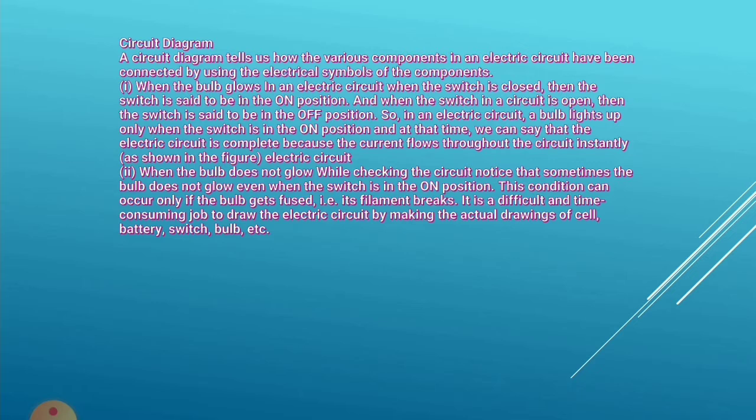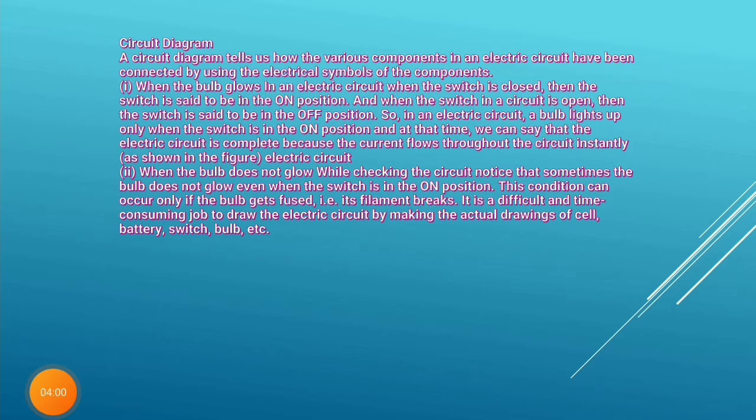So in an electric circuit, a bulb lights up only when the switch is in the on position, and at that time we can say that the electric circuit is complete because the current flows throughout the circuit instantly, as shown in the figure of the electric circuit.